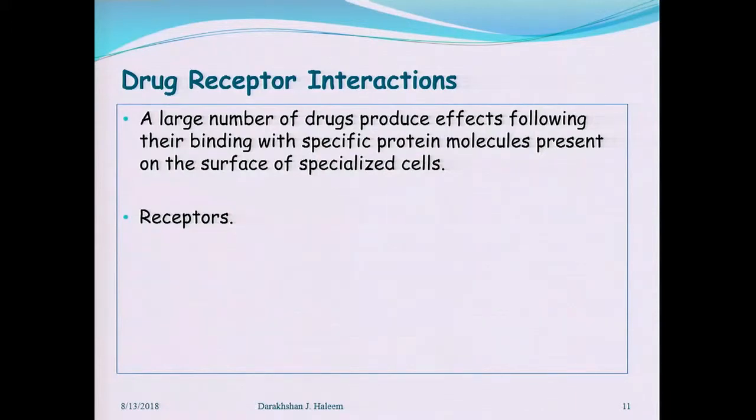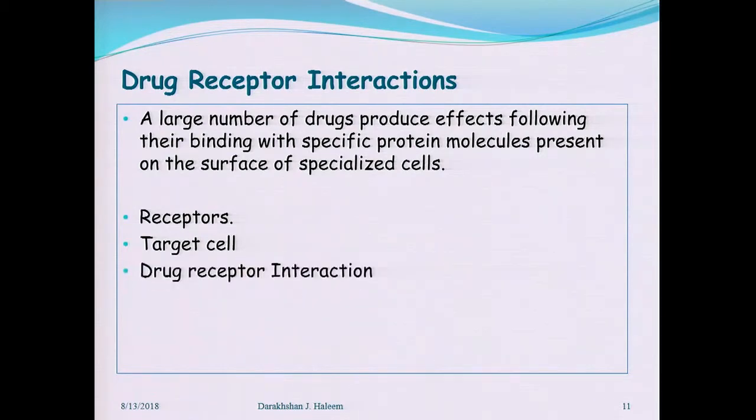Regulatory protein molecules, largely present on the cell surface, sometimes inside the cell. In the target cell, specific receptors are present to which the drug or normal endogenous compound binds.